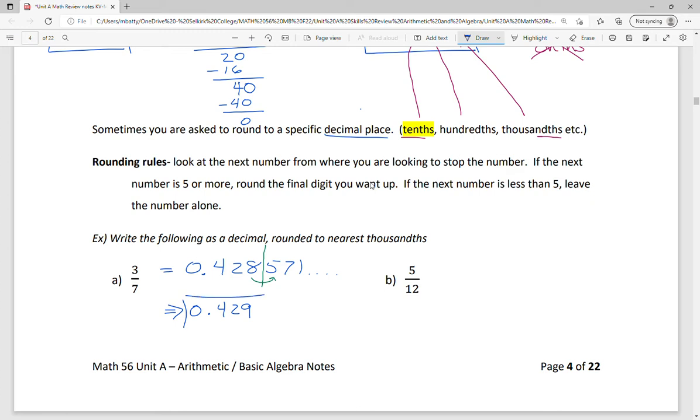And so that decimal would be that fraction represented to 3 decimal places. It's not an exact value, but for whatever your math purposes might be, that would probably be enough. So next one, 5 divided by 12, do it on your calculator and then round to 3 decimal places.